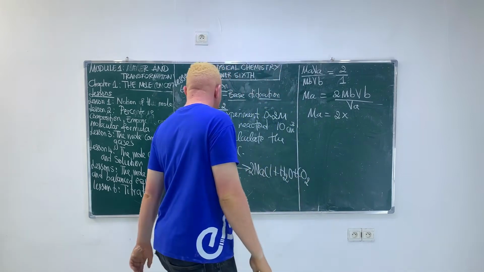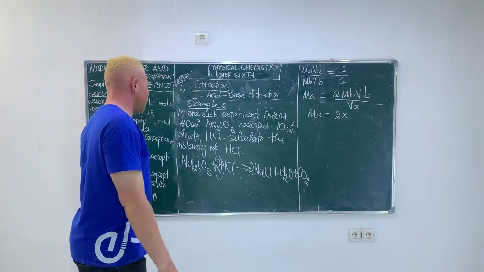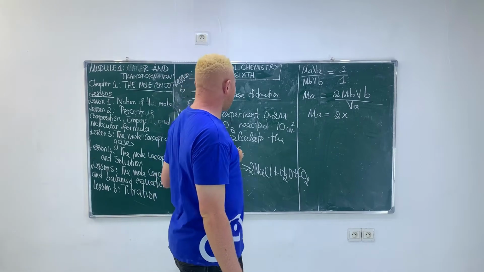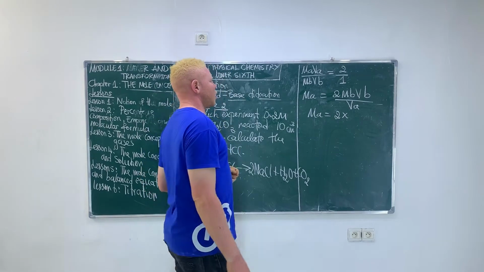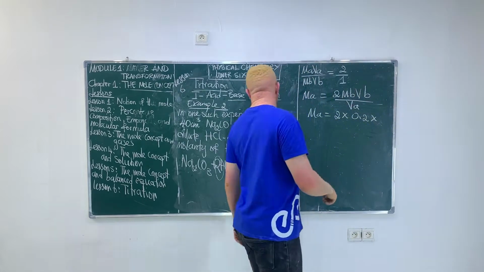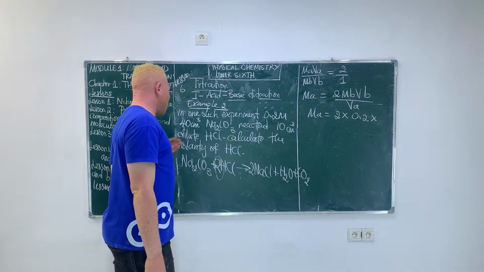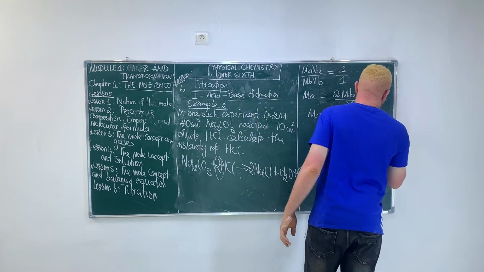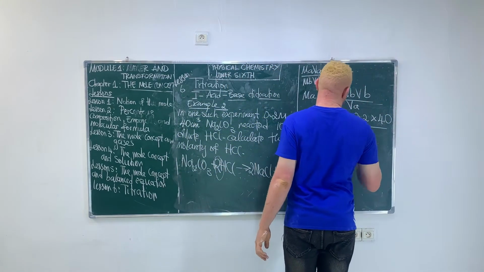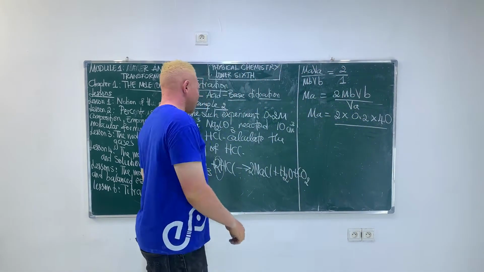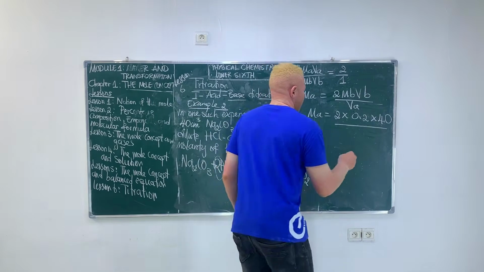Molarity of acid equals 2 times molarity of base. Let's check the molarity of base. In the experiment, 0.2 molar, that means 0.2 molar times volume of the base. The volume of the base is 40, divided by the volume of the acid. The volume of the acid in this case is 10.